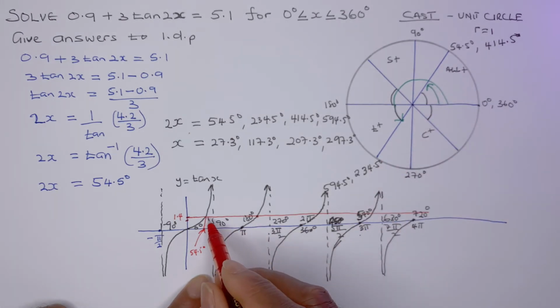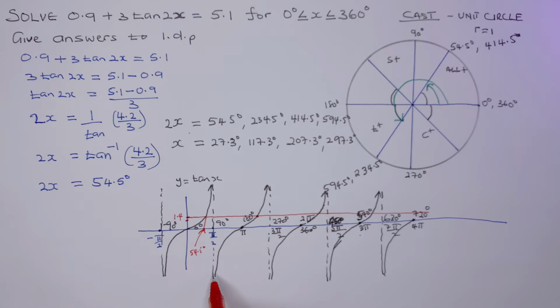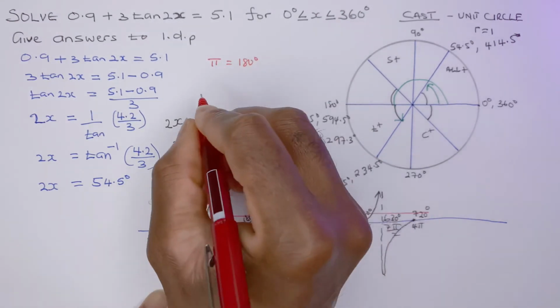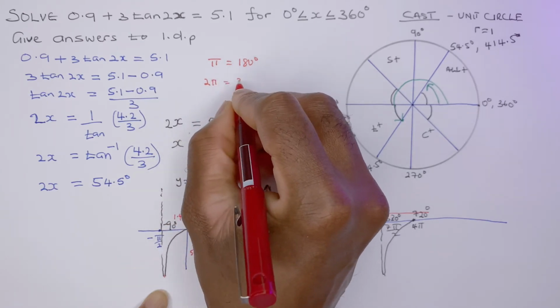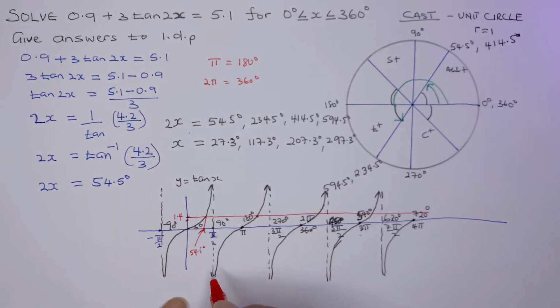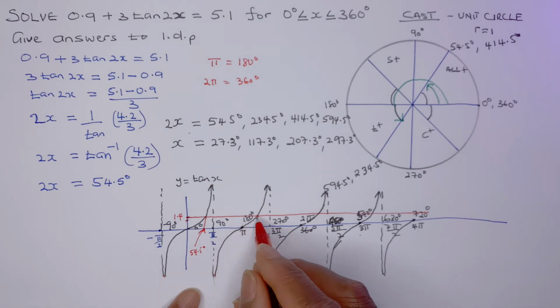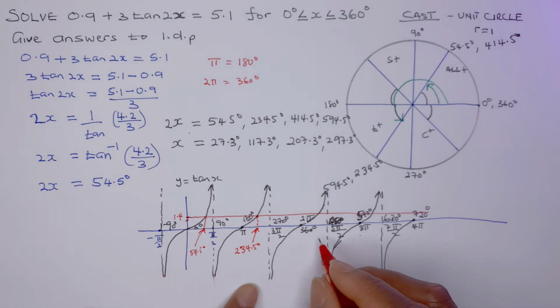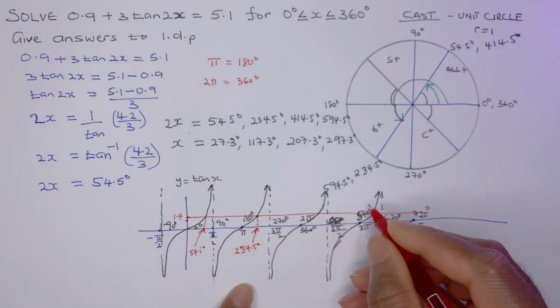So the next one along, you add 180 because each period is a pi. A pi is 180. So pi equals 180 degrees, and 2 pi is 360 degrees. So you add 180 there, and that point here will be 234.5 degrees.